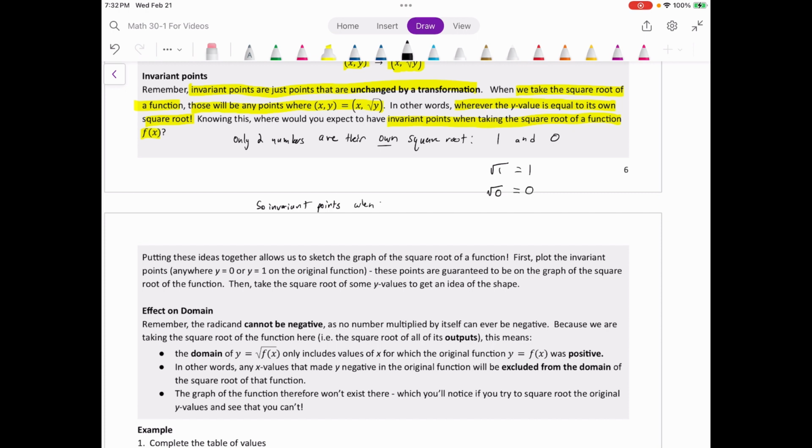So the invariant points when taking the square root of a function will be any points where the original function had a y value of 0 or 1.